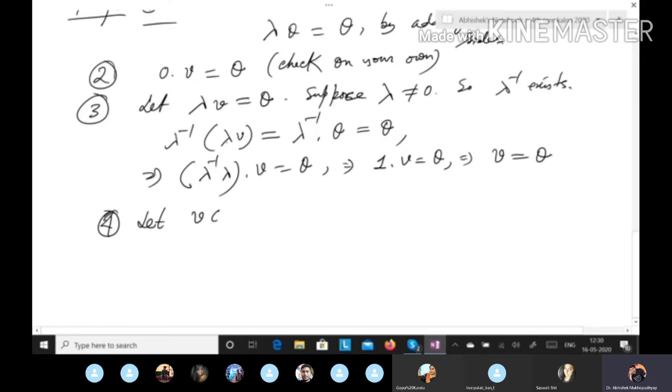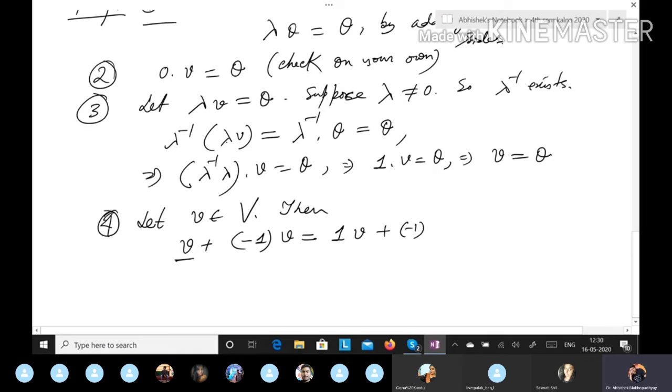Now let V belong to capital V, that is, V be a vector. Then we consider V plus minus 1 V. V can be written as 1 V, and it is plus minus 1 V. Then by the axiom of vector space, we will have 1 plus minus 1 dot V, and 1 plus minus 1 is 0, and 0 dot V is theta.